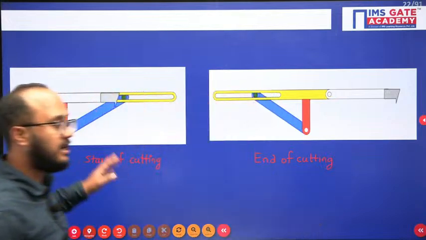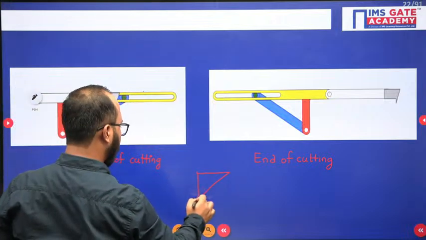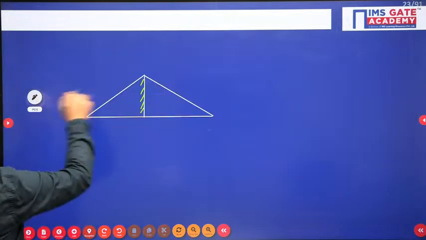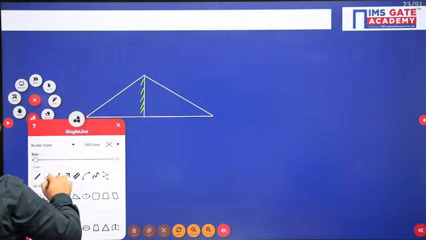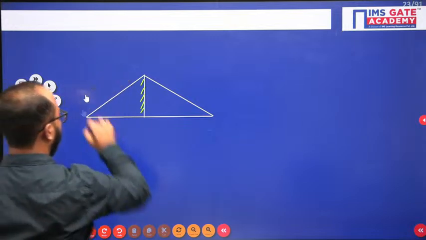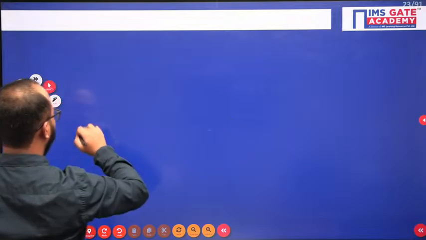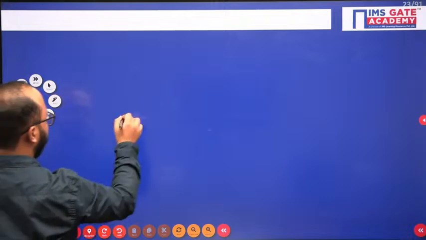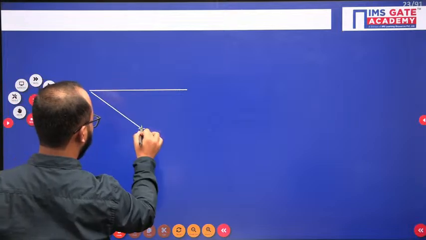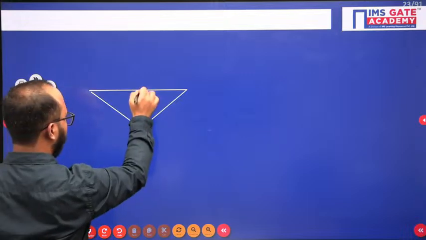At the start of cutting, the triangle forms like this, and like this it forms, correct? What I have done is simply taken the opposite of that, so I will correct this part. Like this, and one more line here like this.